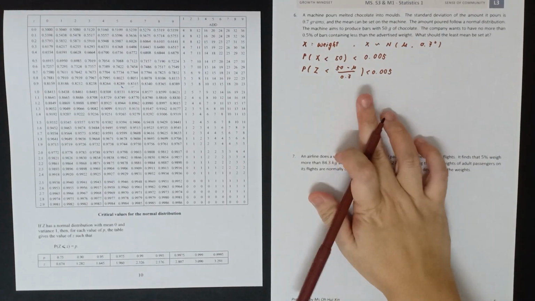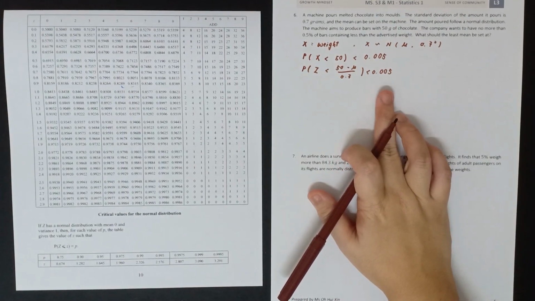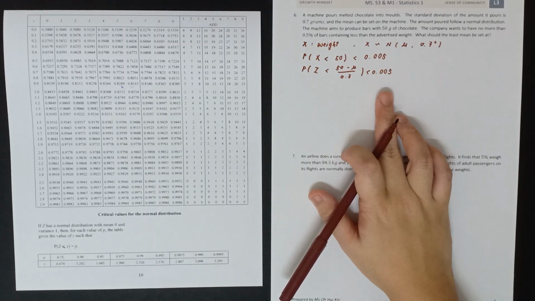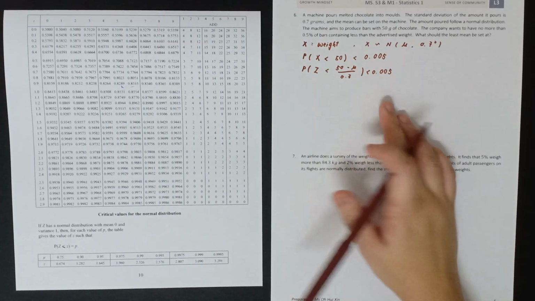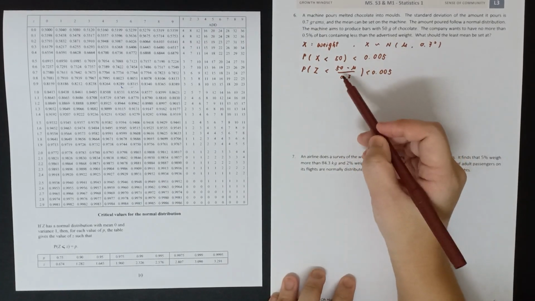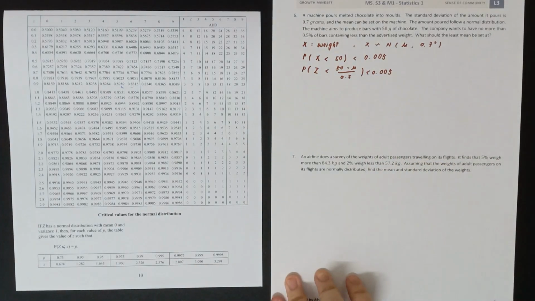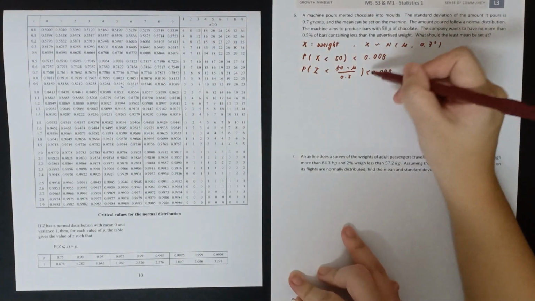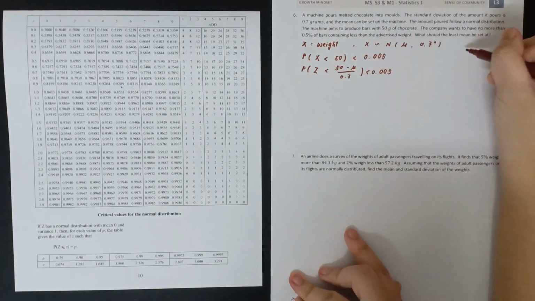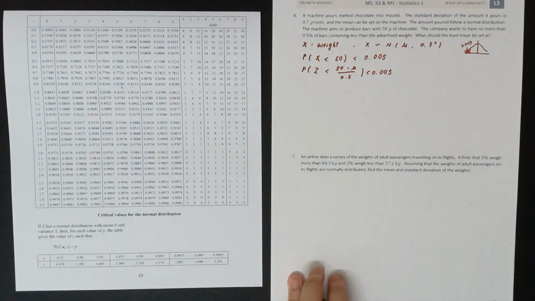Okay, so after that, I'm going to continue. You see now, this is less than 0.005. So do you assume that your Z is a positive value or negative value? Because that is going to affect how you do next. This is how you get 0.005, and you want less than that.